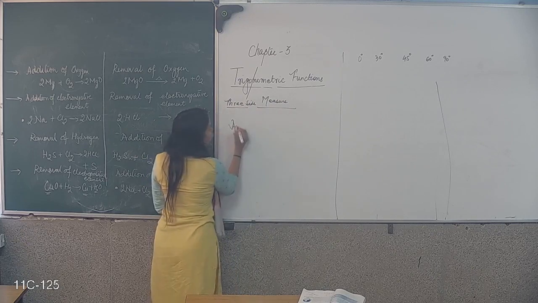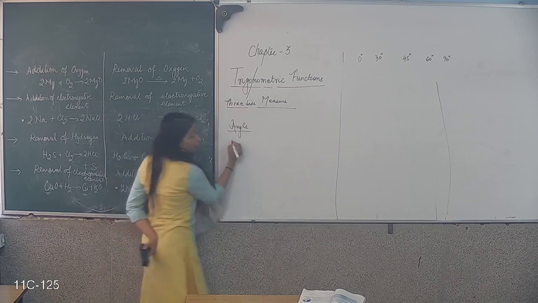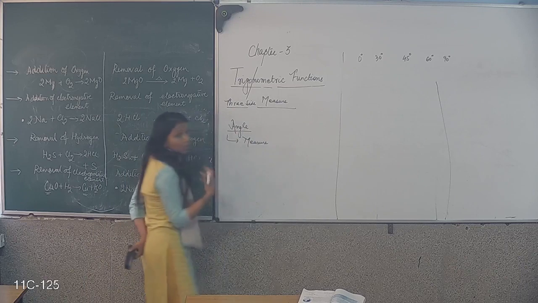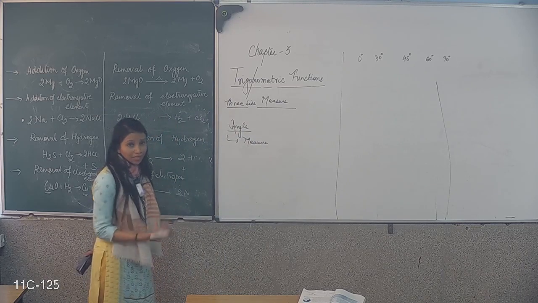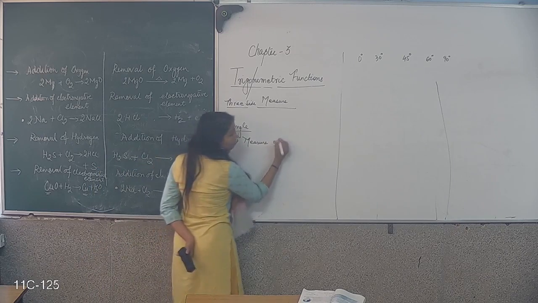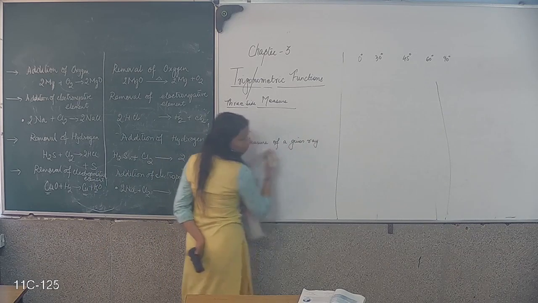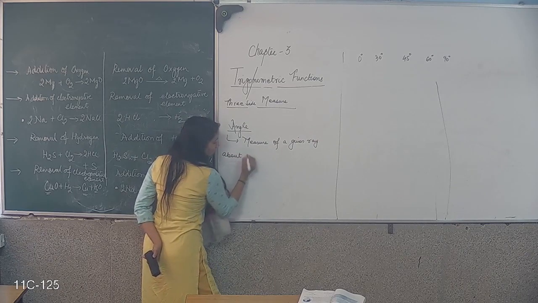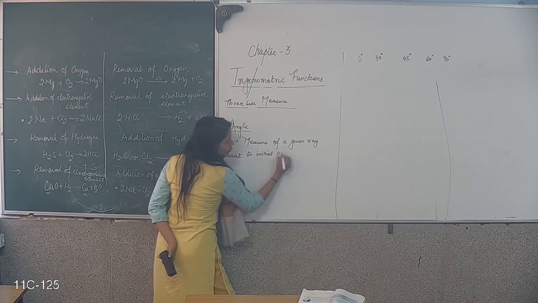Now let me talk about an angle. Angle is what? It is a measure. Measure means किसी भी चीज को measure, उसको नापने का तरीका. It's a measure of a given ray, a never ending line, about its initial point.